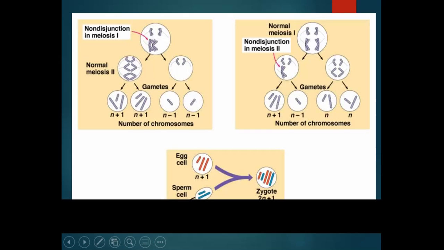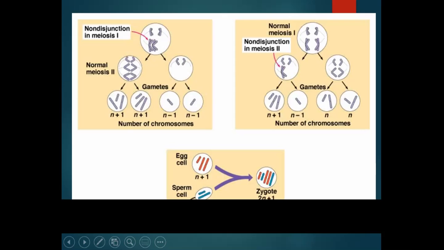What happens in that case, the two homologous chromosomes go off in one direction. This cell over here is lacking any of those homologous chromosomes. At the end, you'll end up with two of the gametes that have an extra chromosome and two of the gametes that are lacking that chromosome altogether. Okay? If it happens in meiosis 2, you end up with two normal cells and two cells, one of which gains a chromosome and one of which loses a chromosome.